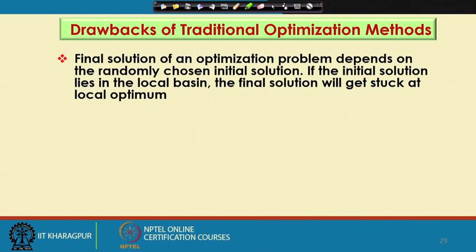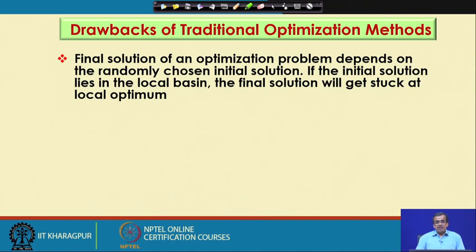In traditional optimization tools, we start with one initial solution selected at random, and the final solution depends on the quality of the initial solution. If you select the initial solution in the local basin, you will get the locally optimal solution, and only if you are lucky enough to select the initial solution in the global basin will you get the globally optimal solution.